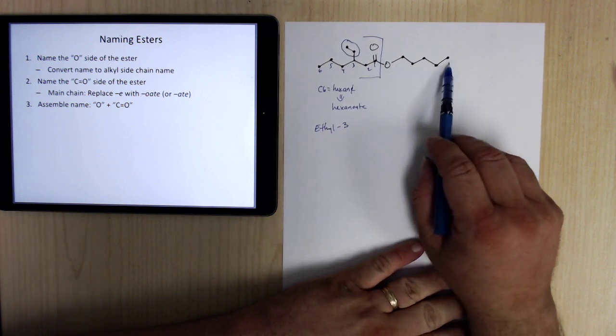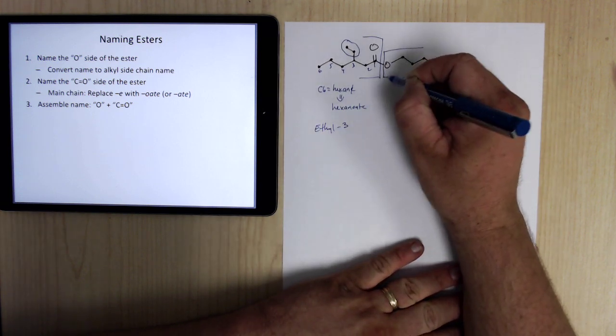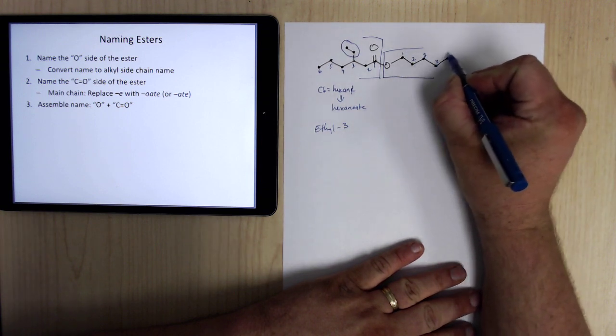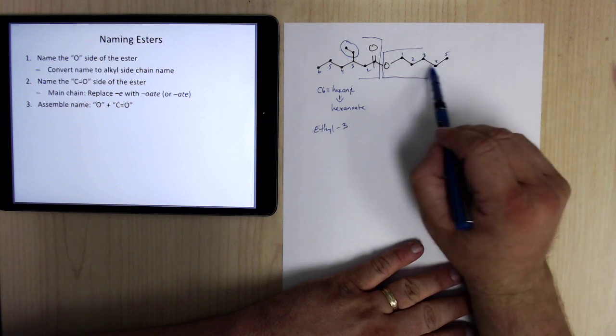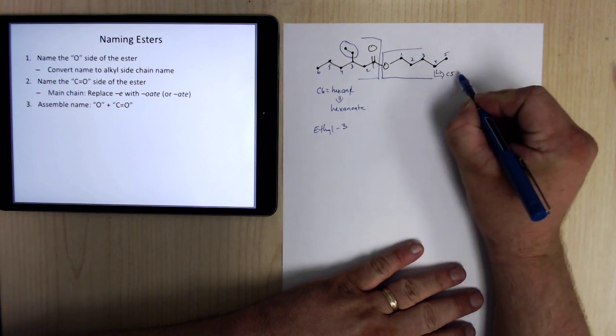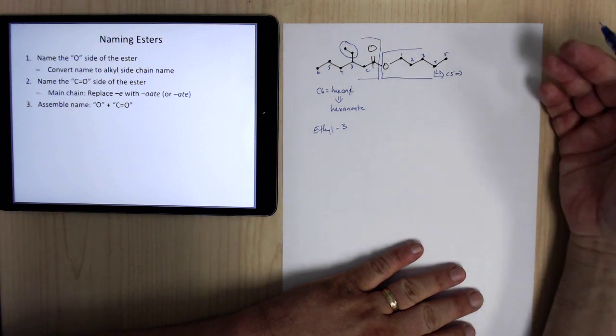The O side of the ester, this part here, 1, 2, 3, 4, 5, is always going to be listed as if it were a side chain.